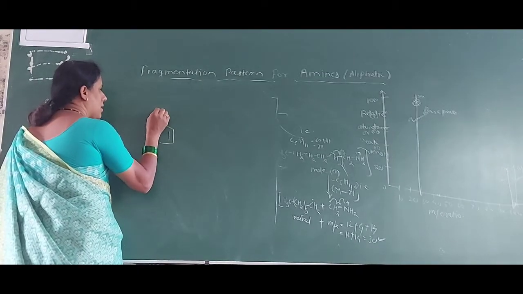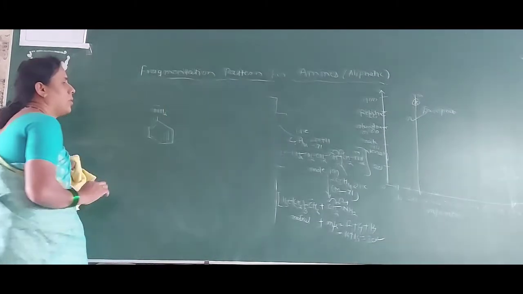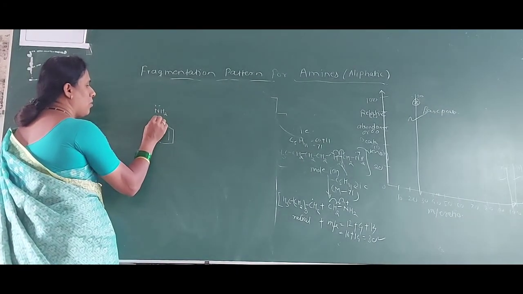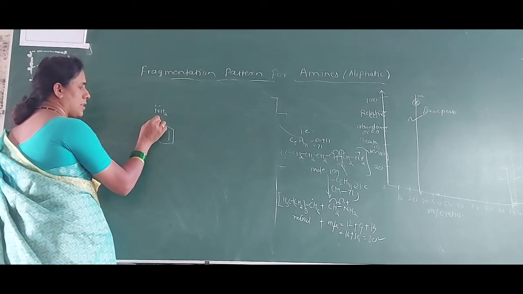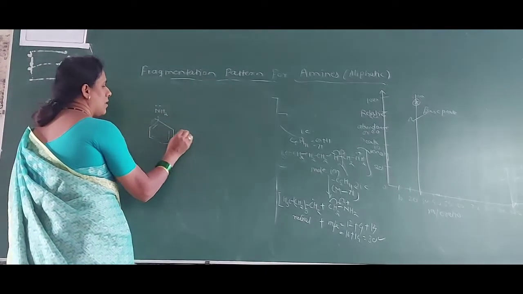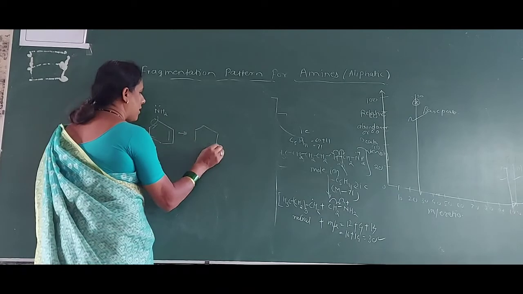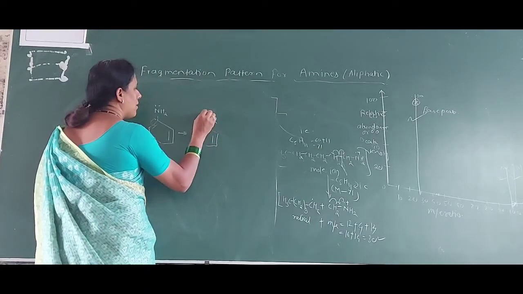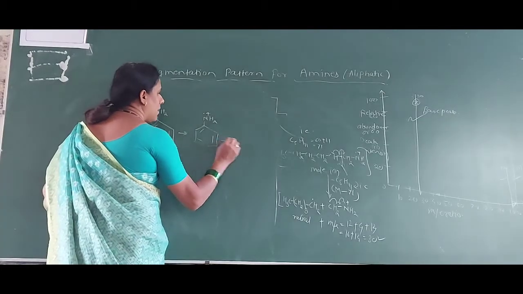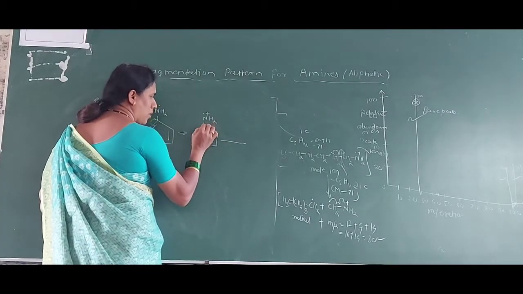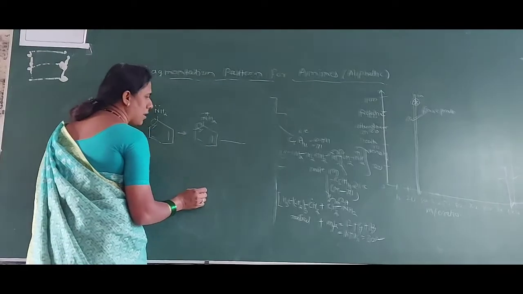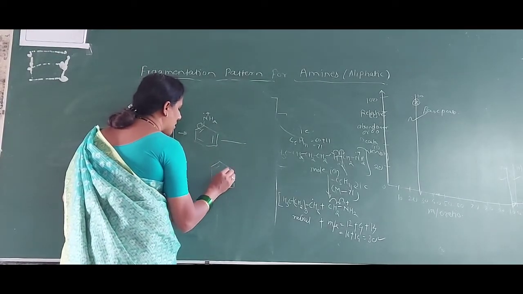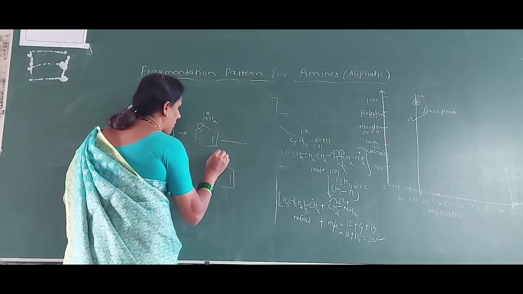That is NH2. After getting this NH2, here you have to include this bond. Just by removing this, here I am writing in short, also calculate that NH2 1 plus. Then you have to move the bond in such a way that this bond goes here. Therefore, there is formation of this NH2.